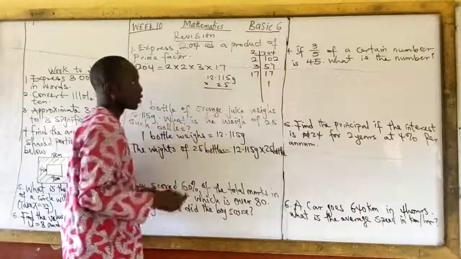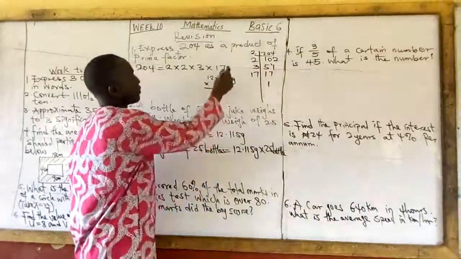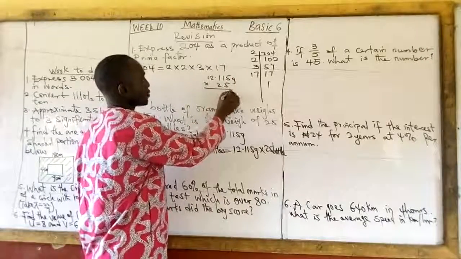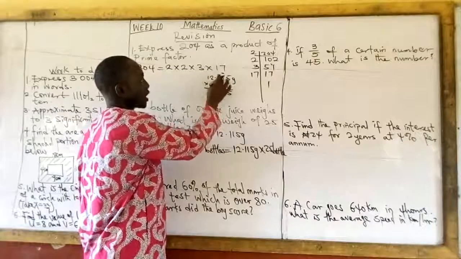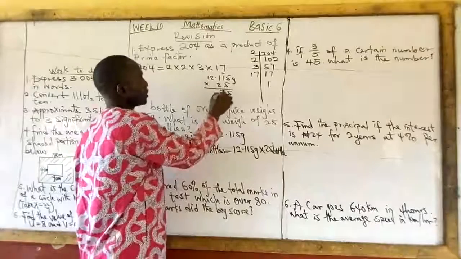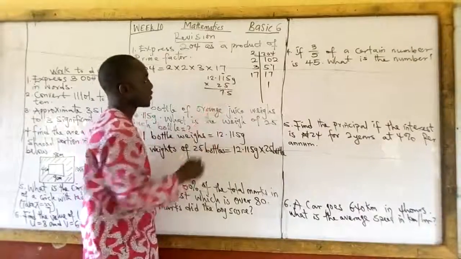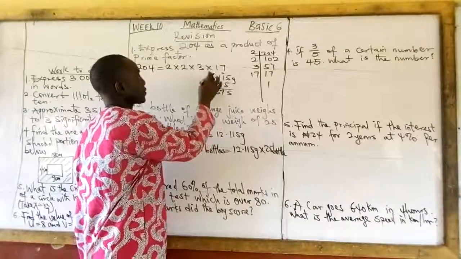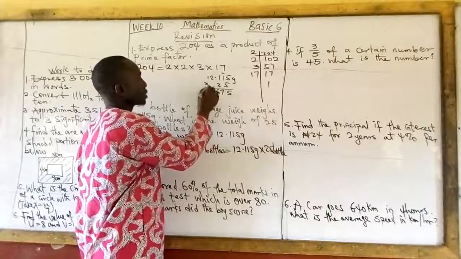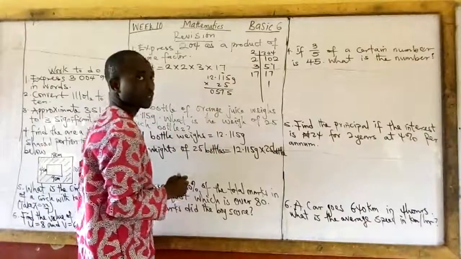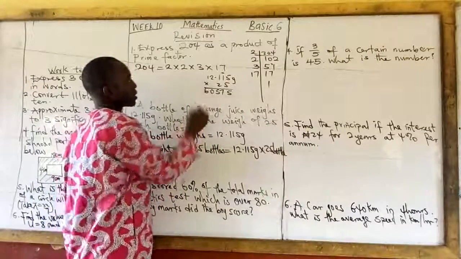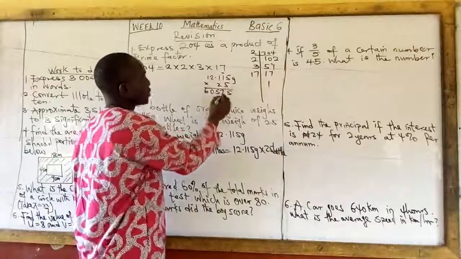Let's do it in a rough sheet. 5 multiplied by 5 will give us 25. Keep 2. 5 times 1, 5, plus 2, 7. 5 times 1, 5. Write it down. 5 times 2 will give us 10. Keep 1. 5 times 1, 5, plus 1, 6. Now 5 times 2 will give us 10.